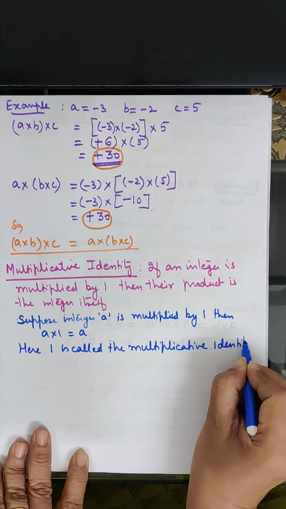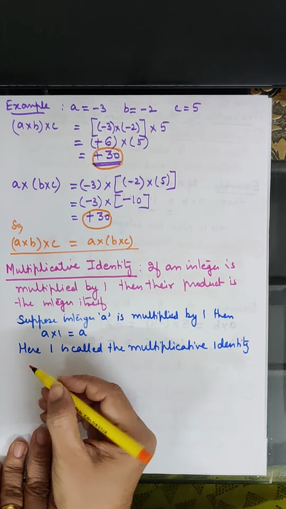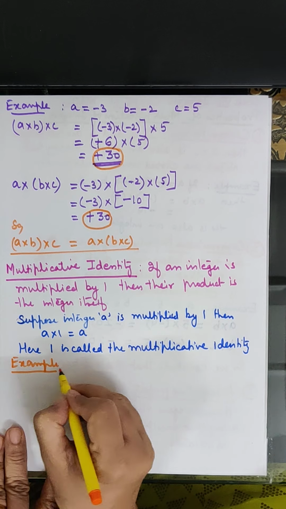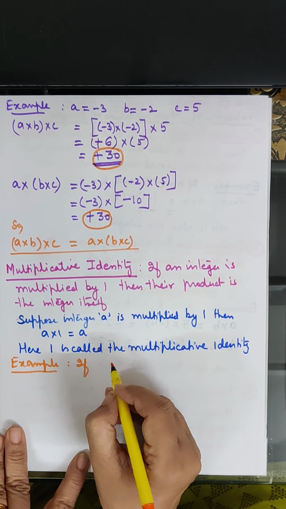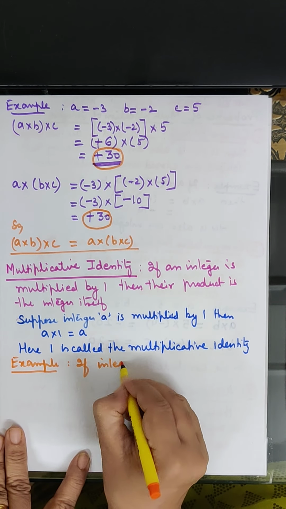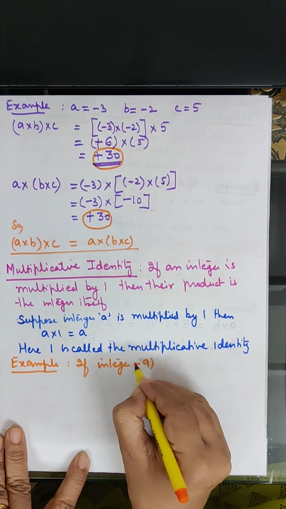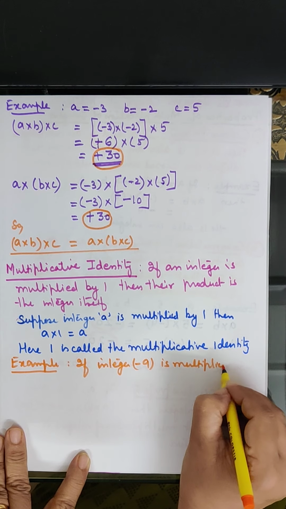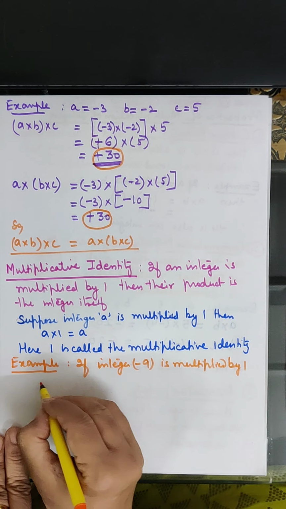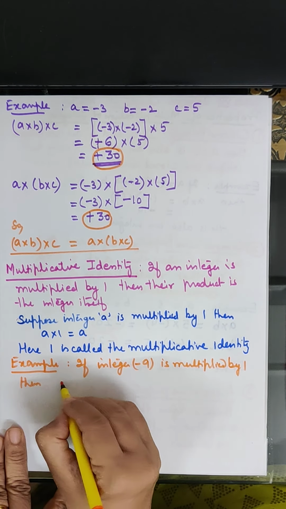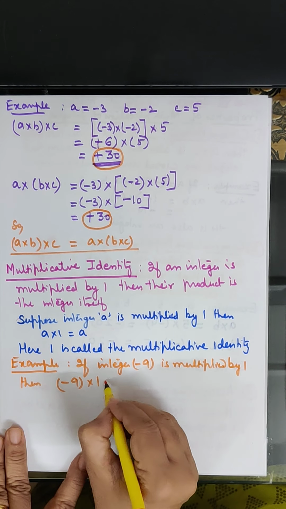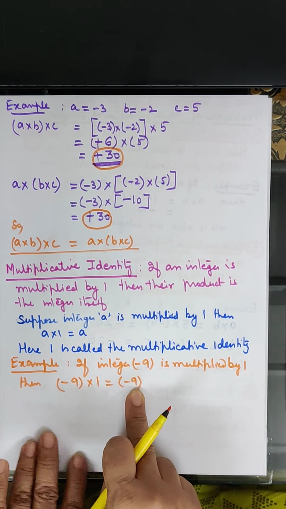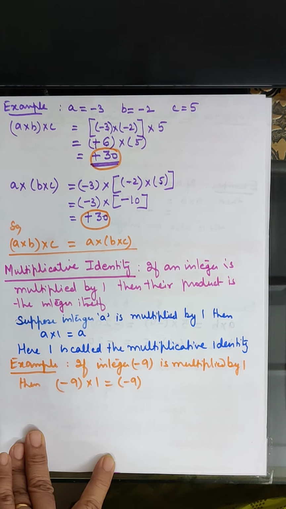Okay. Let us take an example. If integer -9 is multiplied by 1, then -9 into 1 is equal to what? -9, the integer itself. All right. Okay.